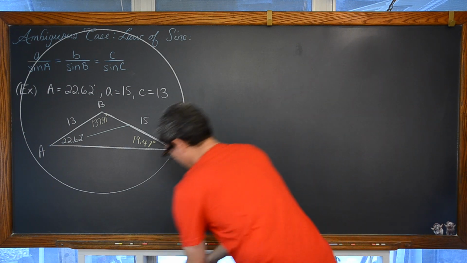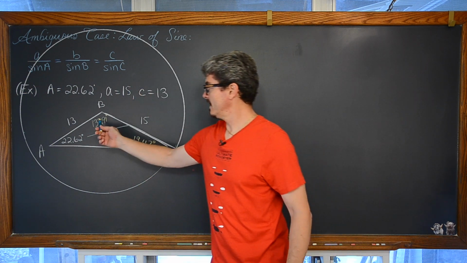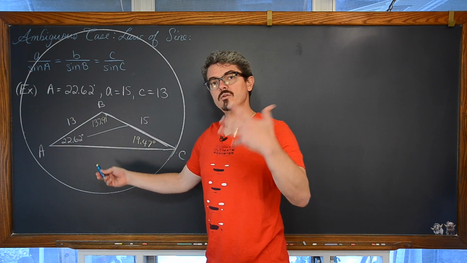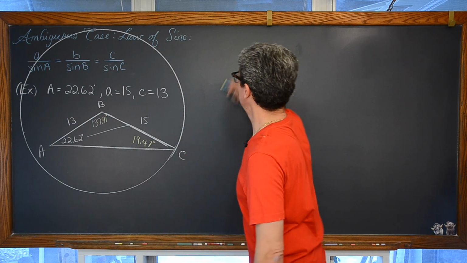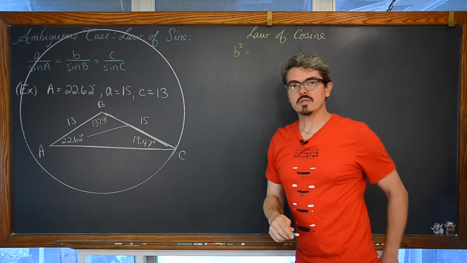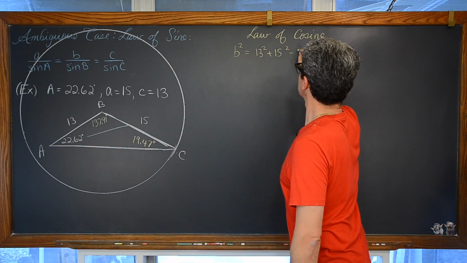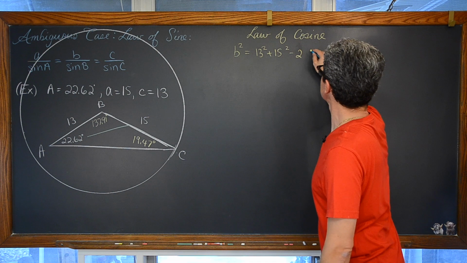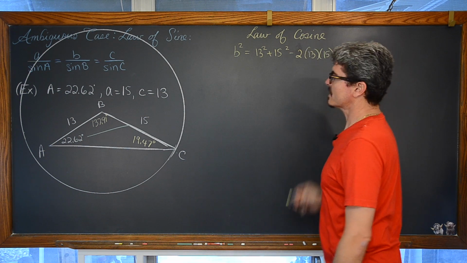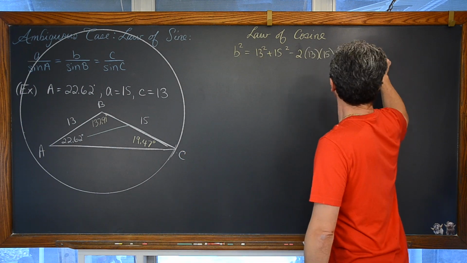When you have an angle included between two sides, then you can use the law of cosine and say that b squared is equal to the other two sides squared and added together, minus 2 times those other two sides, times the cosine of that angle opposite the side you're trying to find.